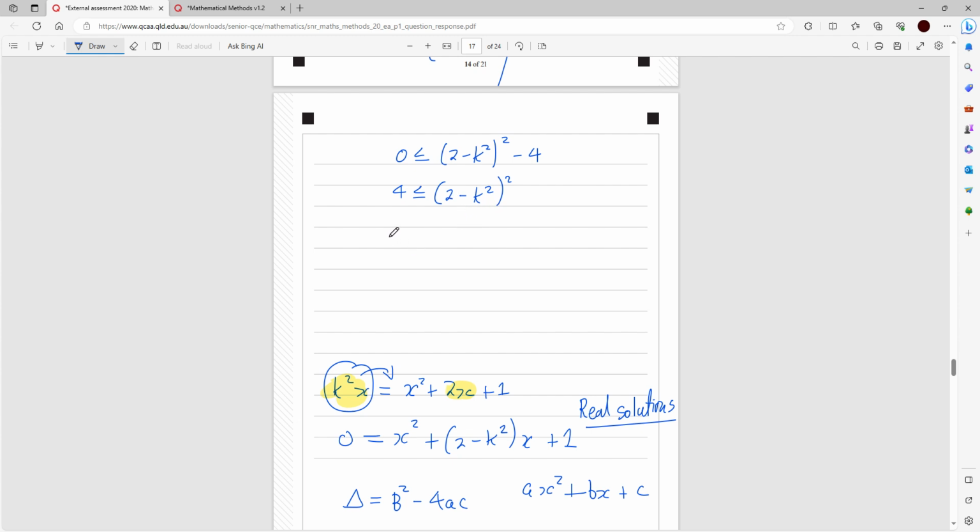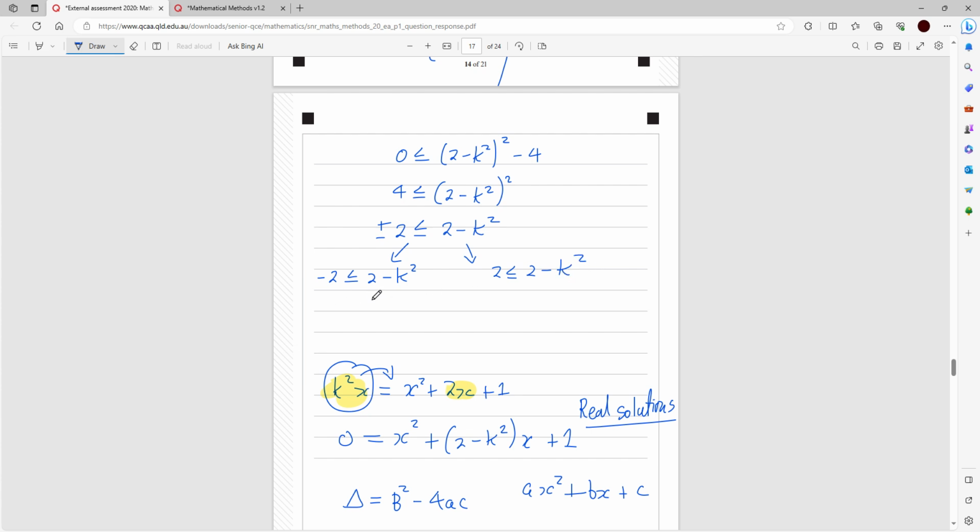So we'll have plus or minus 2 is less than or equal to 2 minus k squared. So this gives us two solutions. It gives me negative 2 is less than or equal to 2 minus k squared, or it gives me this solution, 2 is less than or equal to 2 minus k squared.